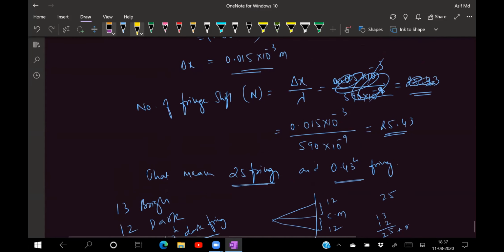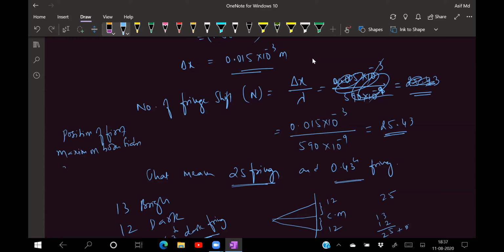So position of first maximum on both sides is x = 0.43 × 4.91 × 10^-4. Using calculator, this is 0.021 centimeter or so.